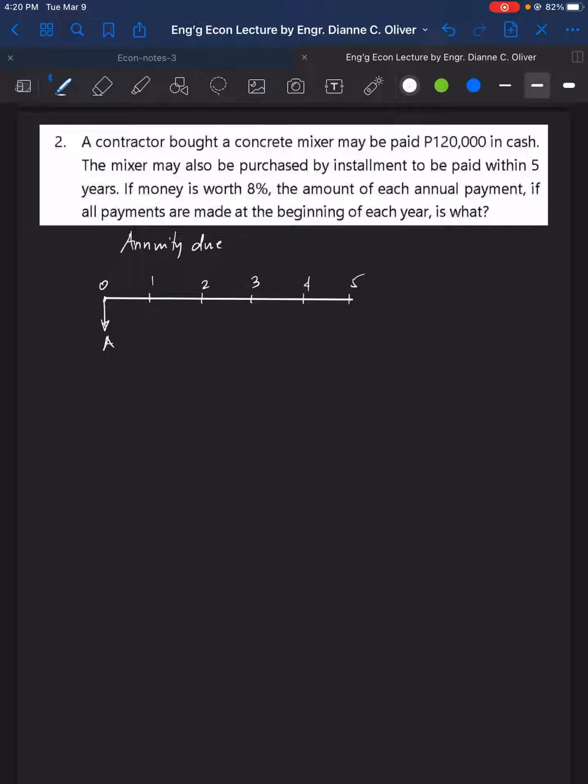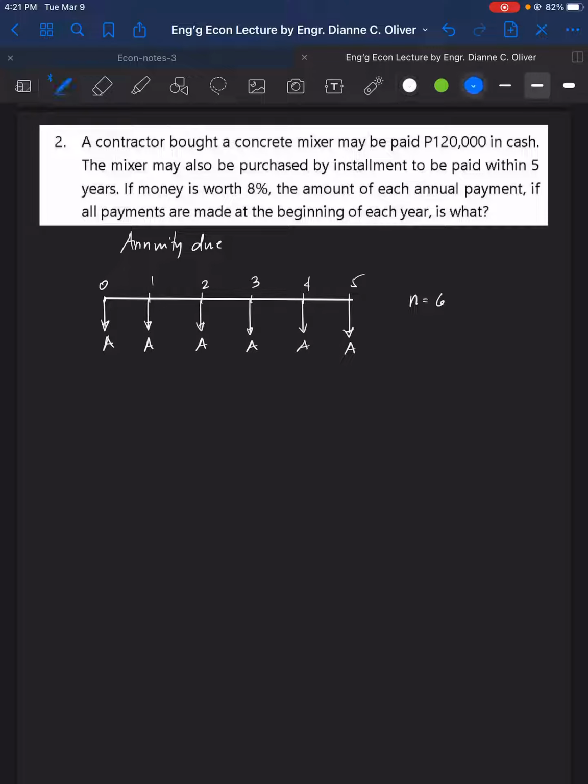So payment here, first payment, second payment, third, fourth, fifth, sixth. So there are 6 payments. So we have there n is equal to 6. Now what is being asked is the value of A.